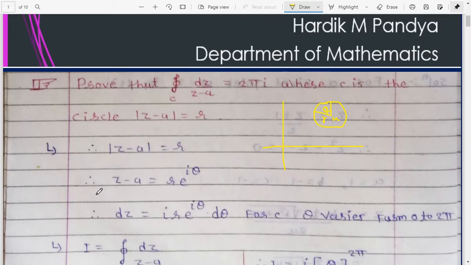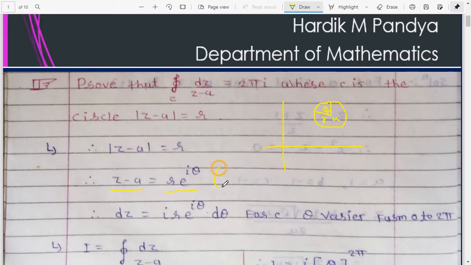The parametric equation of the circle mod z minus a is equal to r is z minus a is equal to r e raised to I theta.